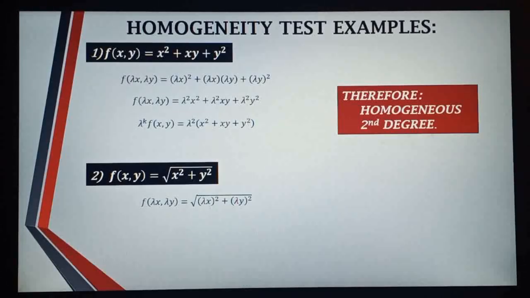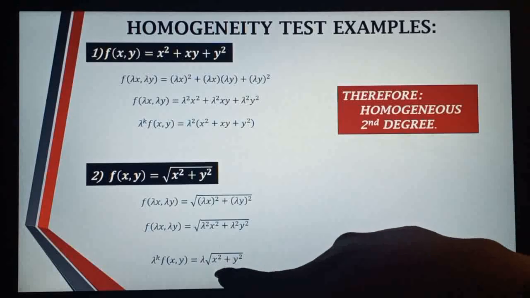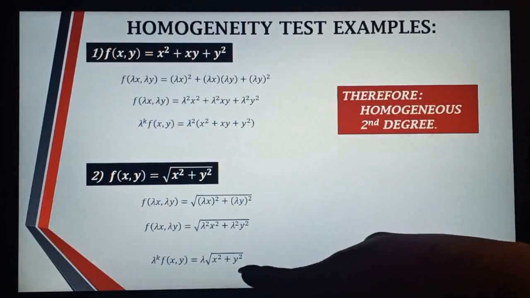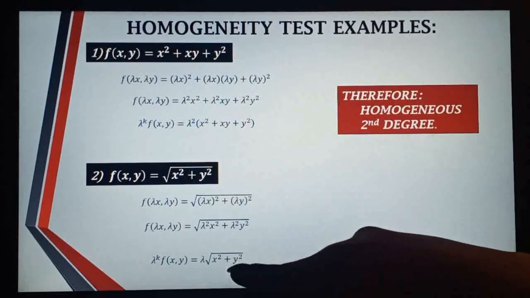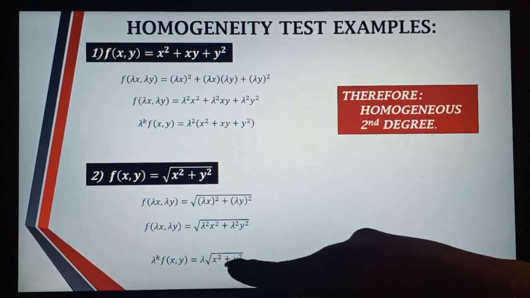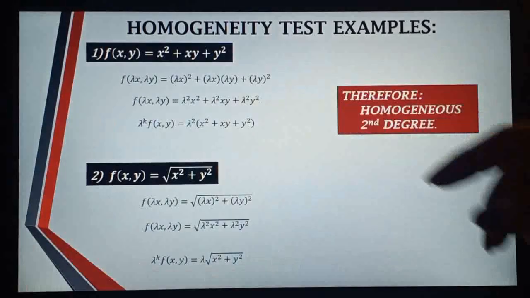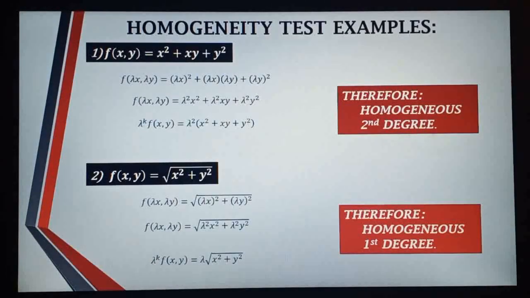Then, simplifying the equation, you will have the square root of lambda squared x squared plus lambda squared y squared. Then factoring out your lambda, you will have lambda times the square root of x squared plus y squared. The square root of x squared plus y squared is your original equation. You get the original equation, then you have lambda raised to 1. So this will be homogeneous in first degree.